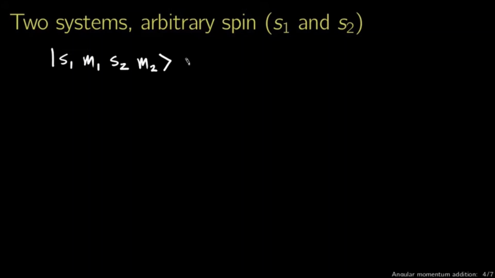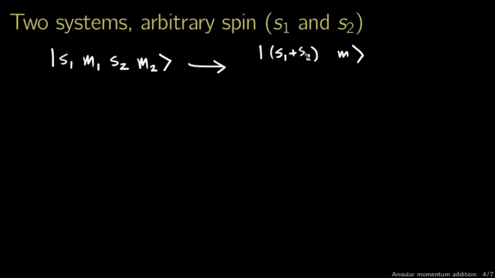If I want to determine the total angular momentum, whereas for spin 1/2 systems I got a triplet and a singlet, a spin 1 system and a spin 0 system, what I can actually get out of this is combined quantum mechanical systems with total angular momentum S1 plus S2, and then some quantum number associated with that, M, being somewhere between minus S1 plus S2 and plus S1 plus S2.